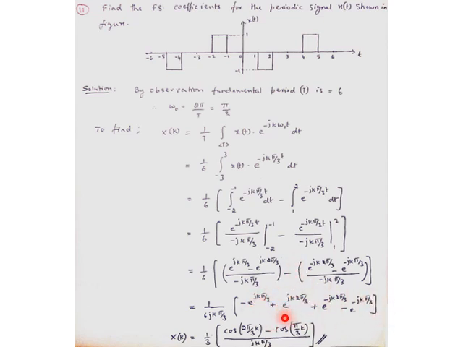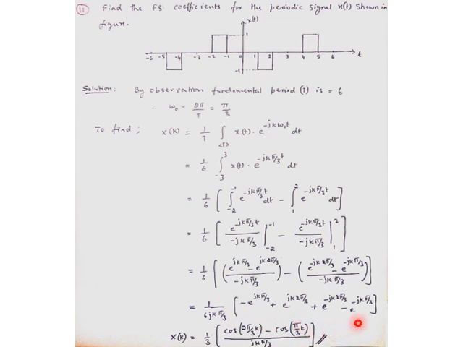Out of that we can observe e to the power jk 2 pi by 3 plus e to the power minus jk 2 pi by 3. If I divide by 2, we will have cos of 2 pi by 3 k; so I divide by 2 and multiply by 2.